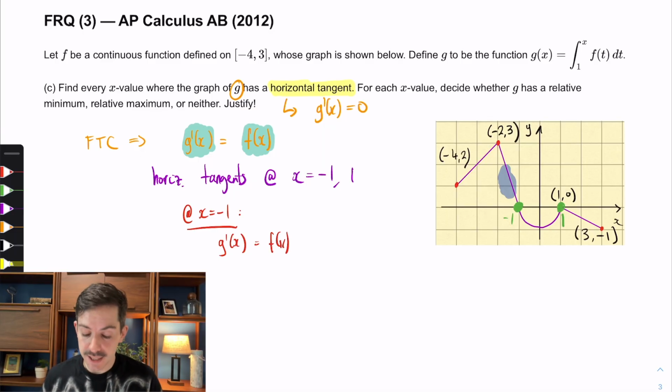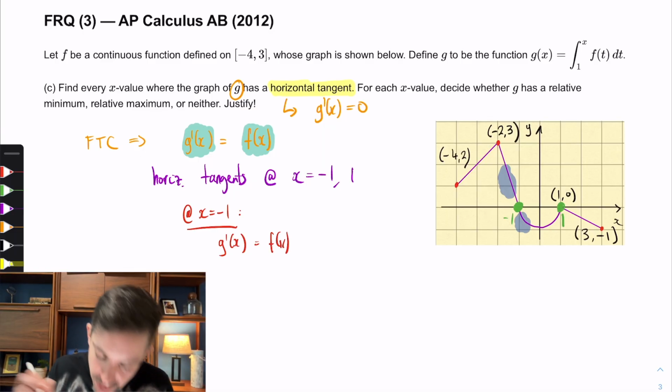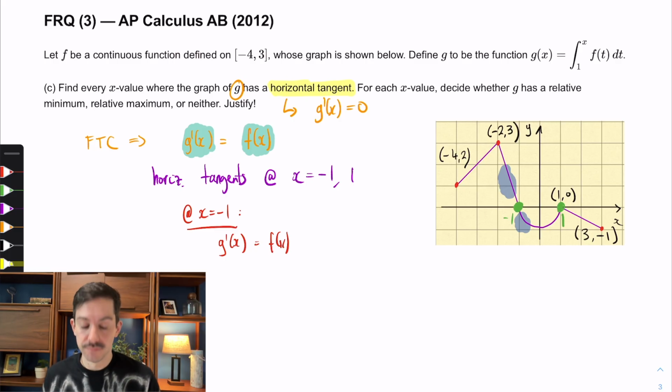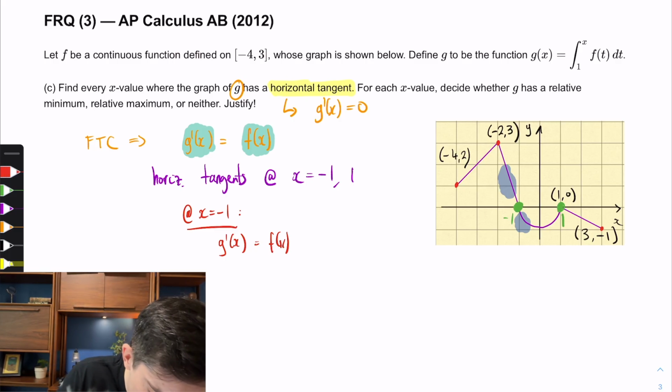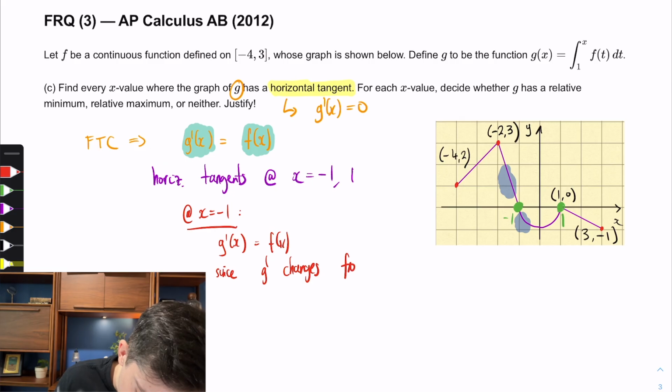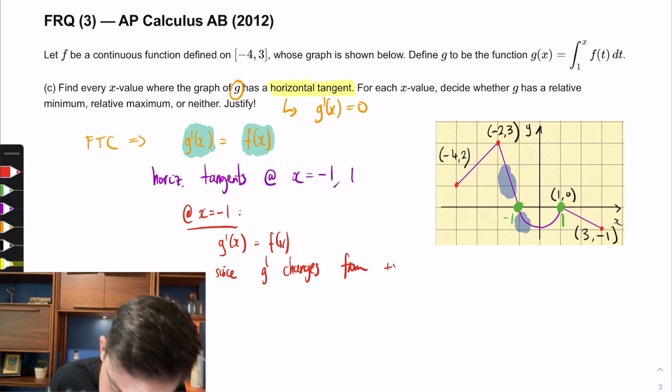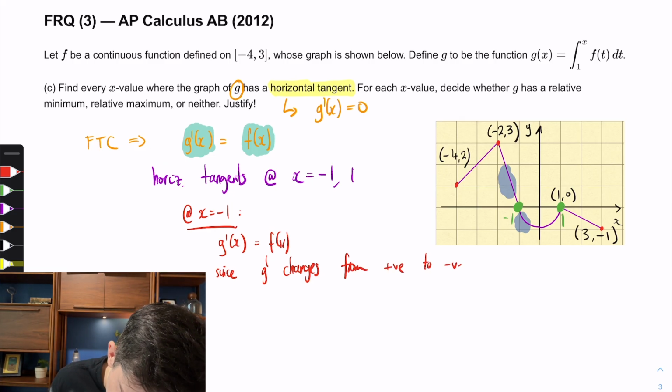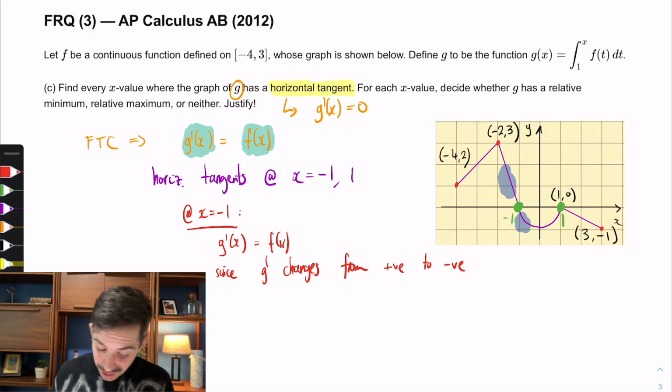F is above the x-axis, changes to negative values. F, therefore g prime, changes to negative values. So since g prime changes from, in this case, positive to negative, what does that look like?